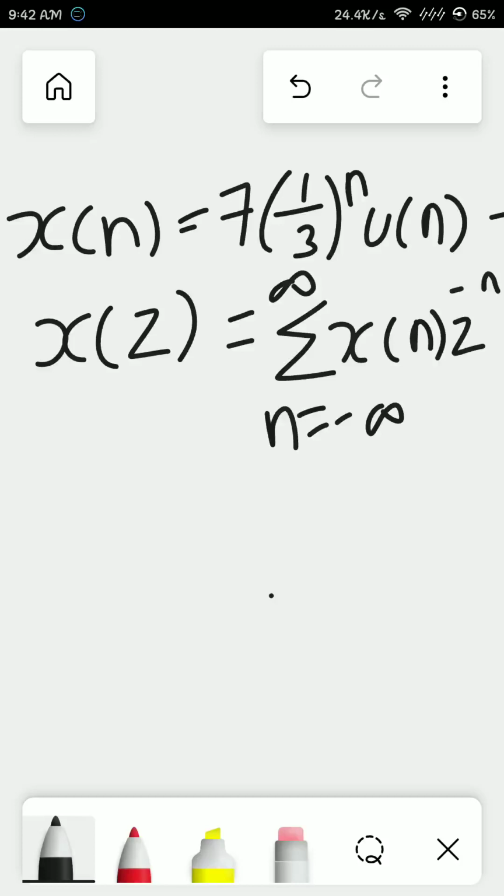Now if I substitute the given x of n in the formula, I get the summation from n equals minus infinity to infinity of 7 into (1/3)^n into u of n minus 6 into (1/2)^n into u of n.